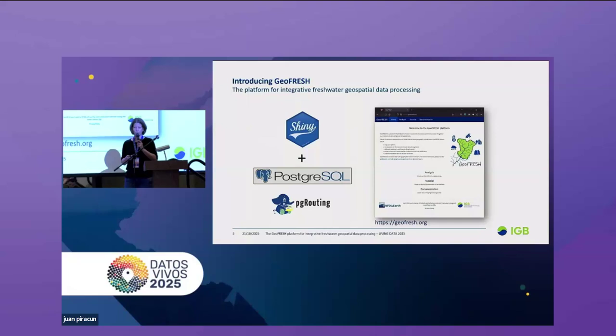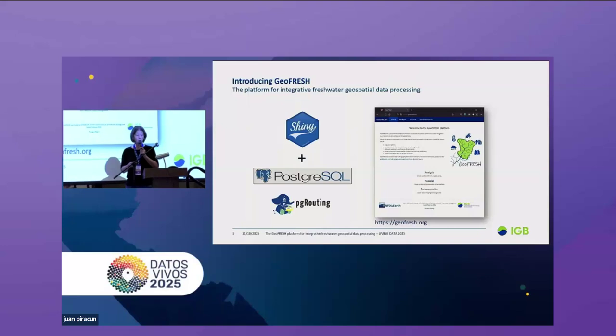So this platform was developed by us based on the RShiny package for the interactive user interface. And in the background, there's a huge PostgreSQL relational database that holds both the geometry information as well as the environmental tables.